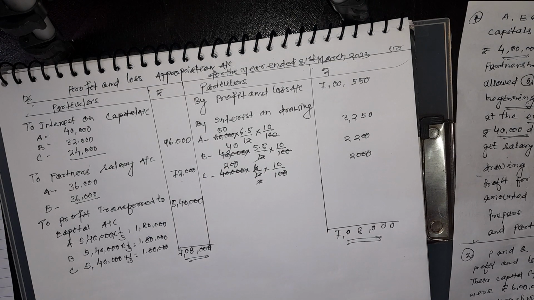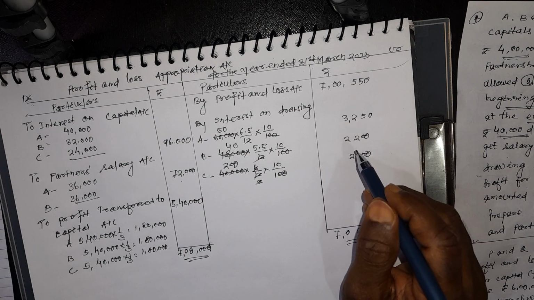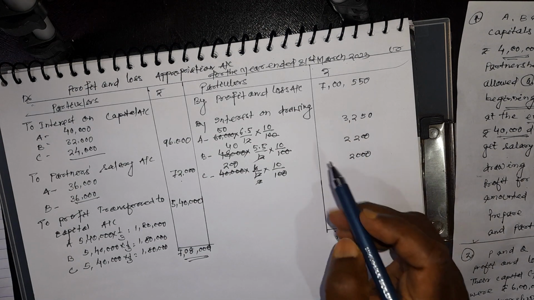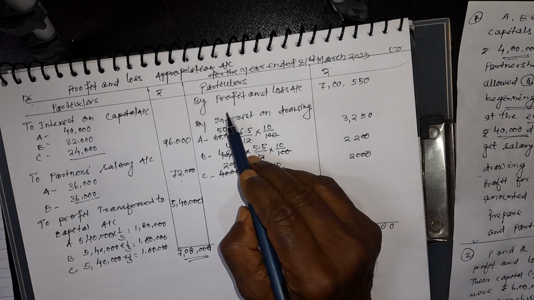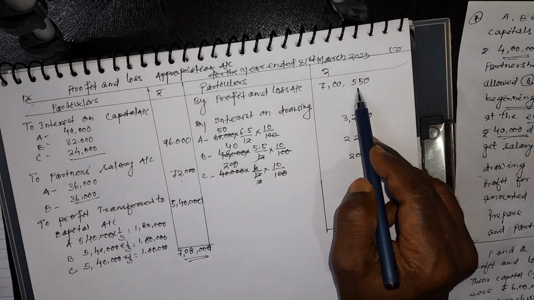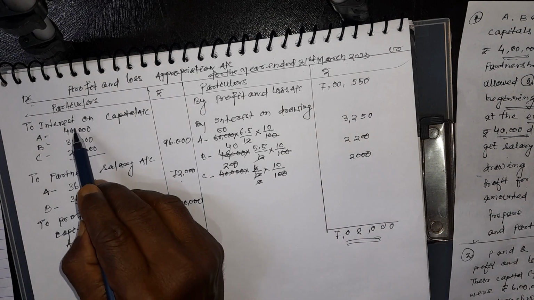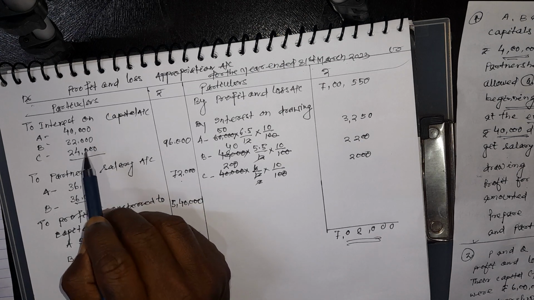In the last video, I did not explain interest on drawing because drawing was not there, but in this question I explained. So let me explain again. First, you write the profit on the credit side, whatever profit was earned during the year. Then you calculate interest on capital. First of all, you will see whether it is opening capital or closing capital.